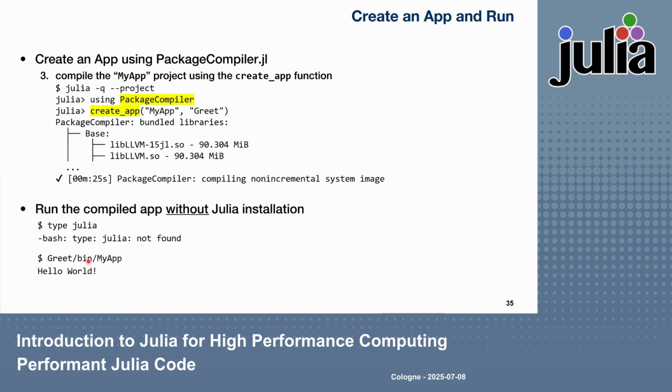But nevertheless, you can still run this application without installation of Julia. This is really nice. And also your coworkers needn't understand what's going on in your Julia code, whether this is hello world or whatever. You can hide the details of your source code.